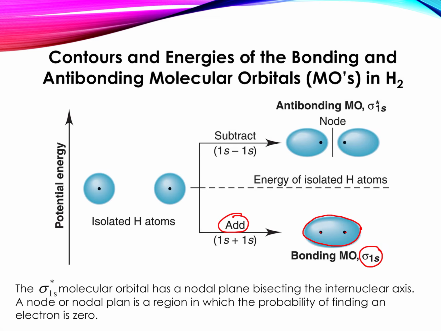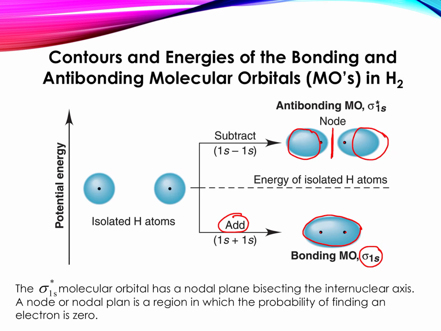If we have our antibonding sigma star 1s, we are going to get the nodal plane. And so then no electrons can exist between the 2 atoms. So here we have our nuclei, and all of the electrons are existing in the space not between the atoms, rather than existing mostly between the atoms, like in the bonding molecular orbital.